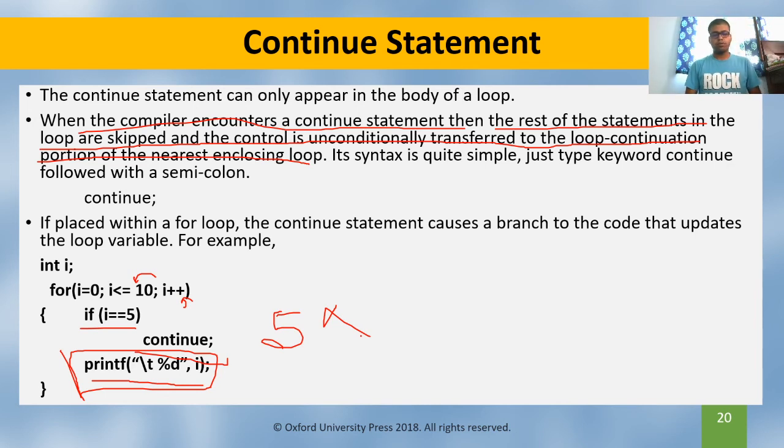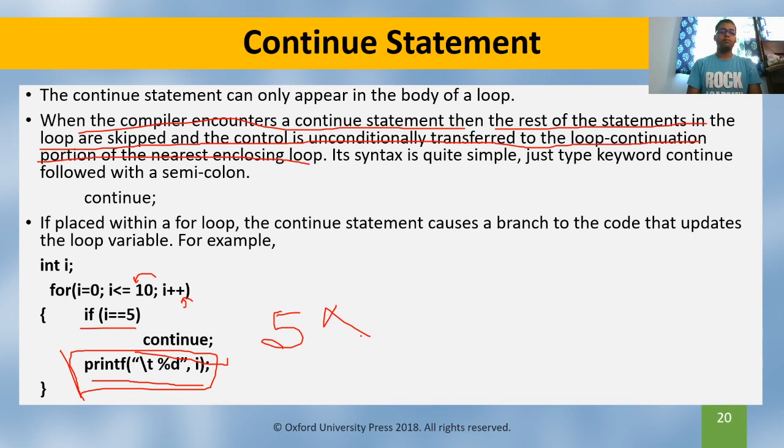So continue will skip the rest of the loop body and move, not to the initial condition, but to the loop continuation portion, that is i plus plus and i less than or equal to 10. This holds for any loop.